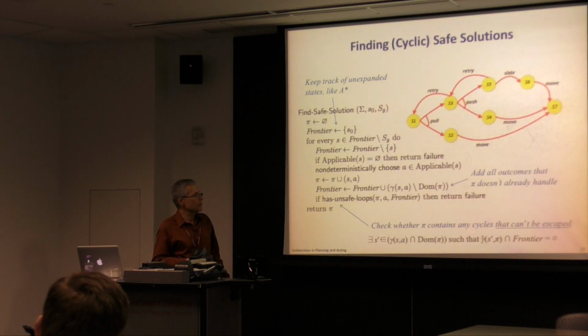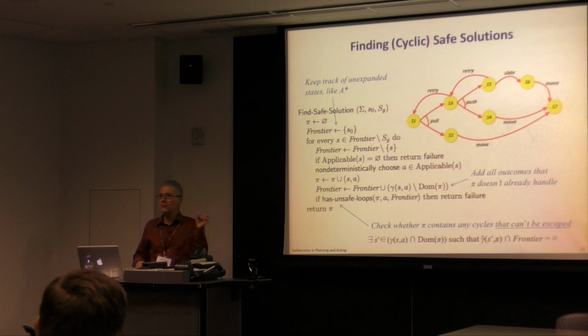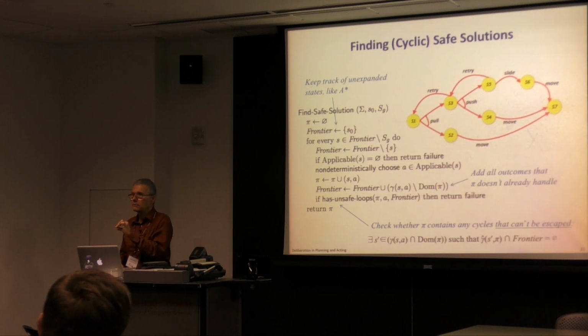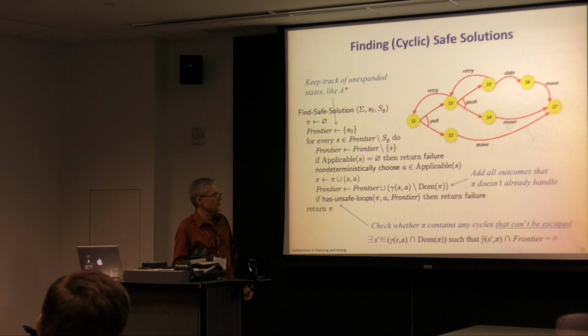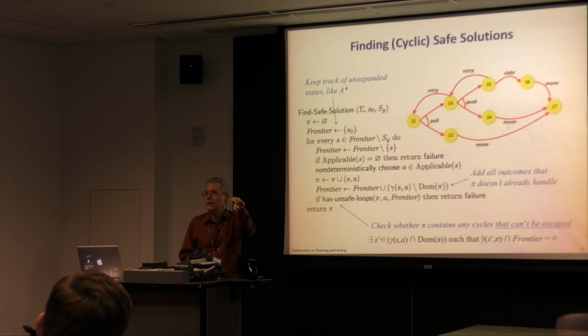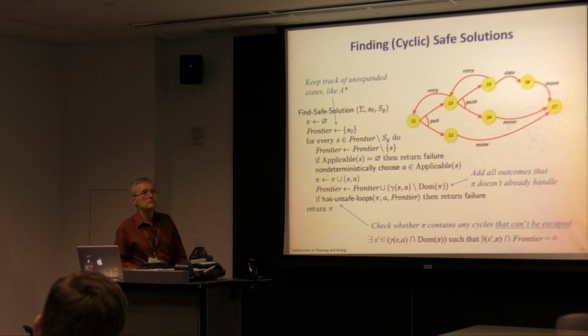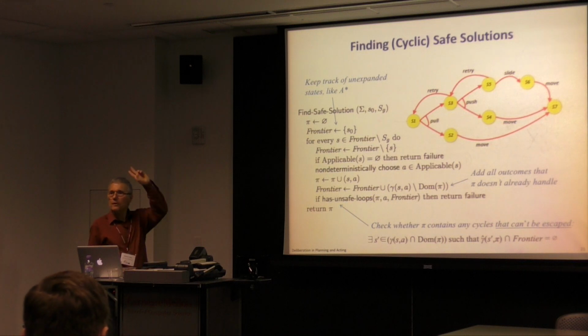Here, we're looking for whether there are any loops that we can't get out of. So we have this additional condition such that there's nowhere in this loop where we can get to the frontier. Any questions about those?